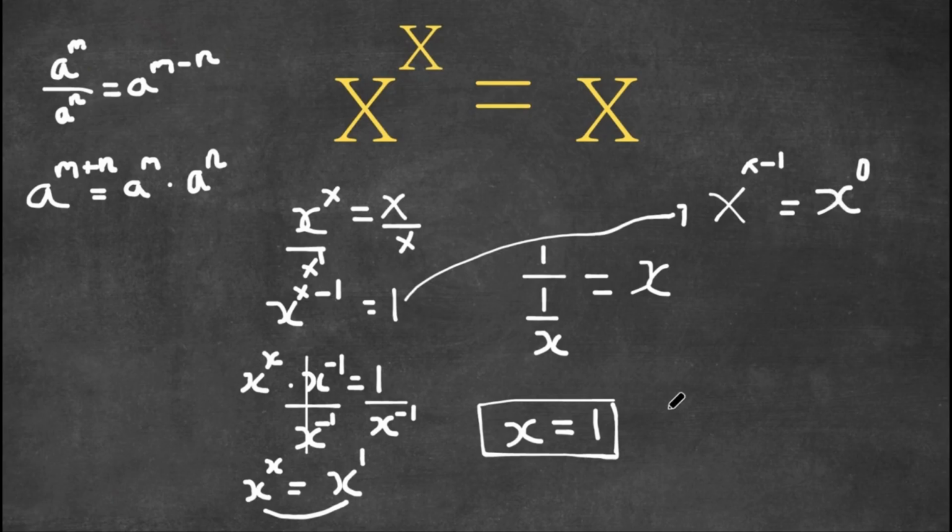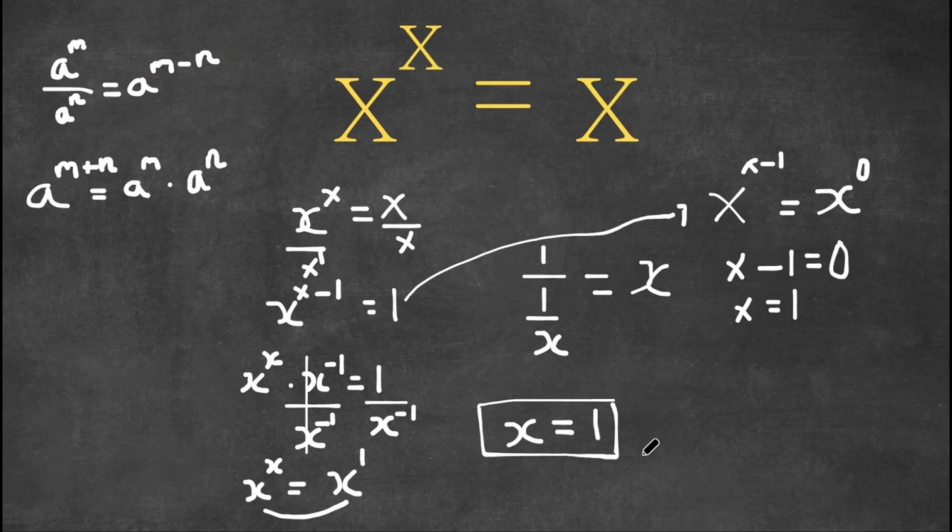Now, we're going to do the same thing as here. We're going to set our exponents equal to each other. So we set x minus 1 equals 0. And if we add 1 on both sides, we get x equals 1. So this is another way of doing it, and we have our solution as x equals 1.